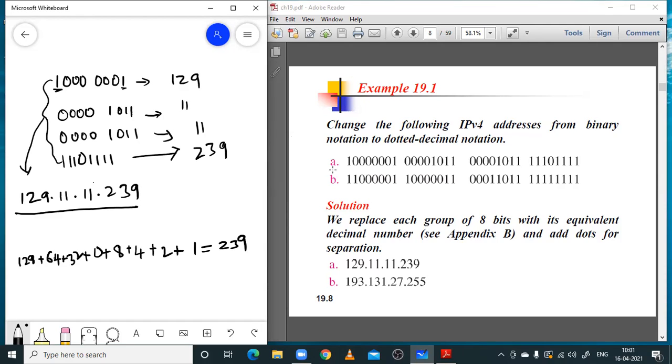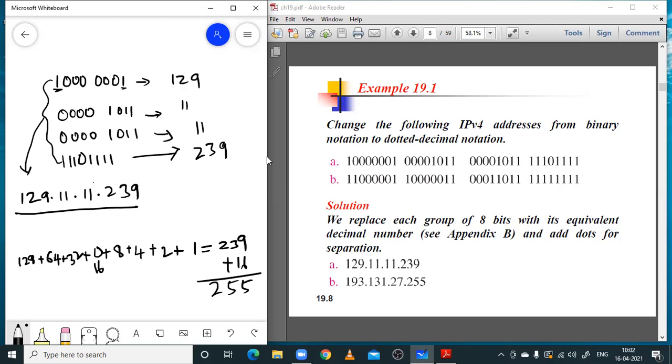Okay, similarly this is the second one. So all ones represent what? Here 16 will be there. 239 plus 16 is 255.